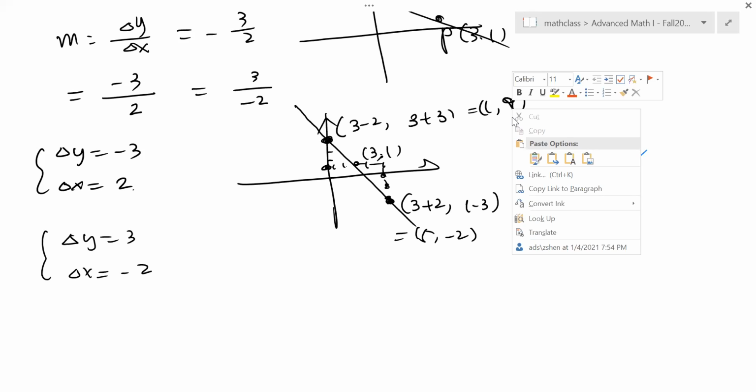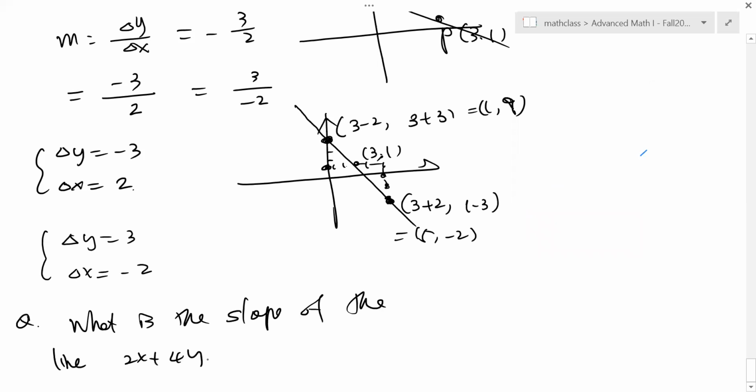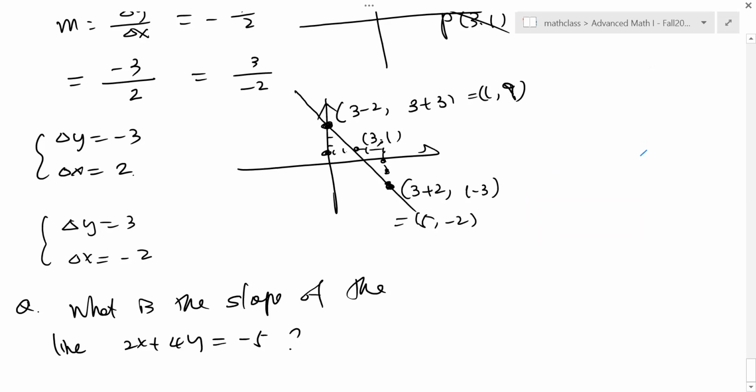All right. So my next question is, what is the slope of the line 2x plus 4y equals -5?